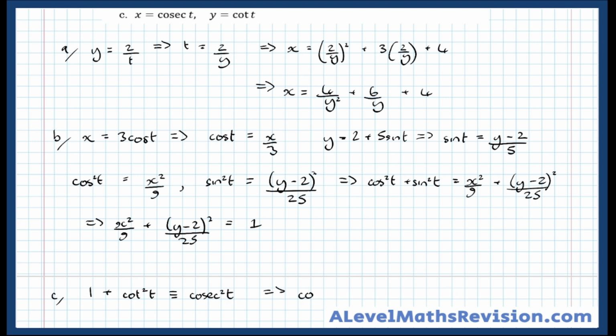Which means that cosec squared t minus cot squared t is identical to 1. So we're looking to try and manufacture a cosec squared t minus cot squared t in our answer. So here I can see, if I square both sides, x squared equals cosec squared t, and y squared is equal to cot squared t, like that.